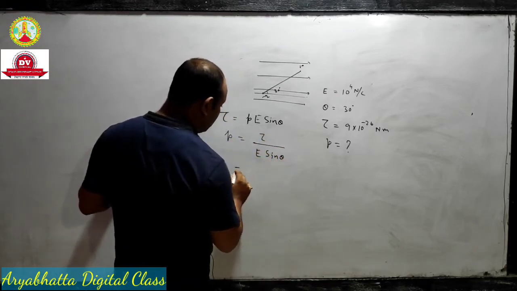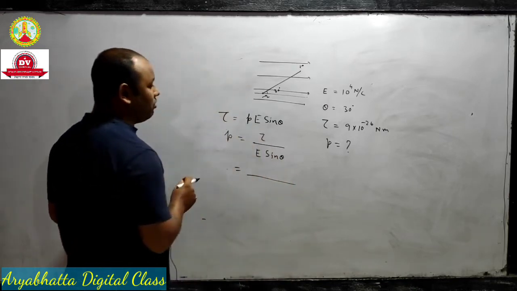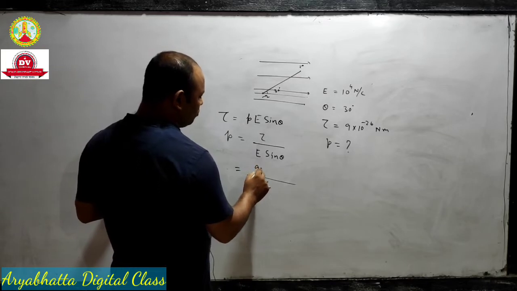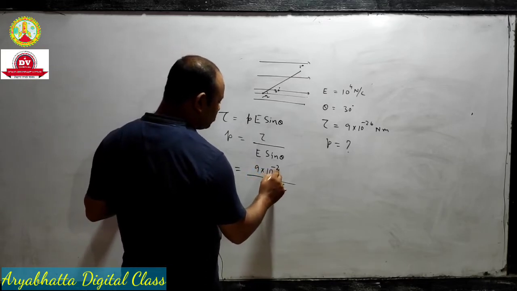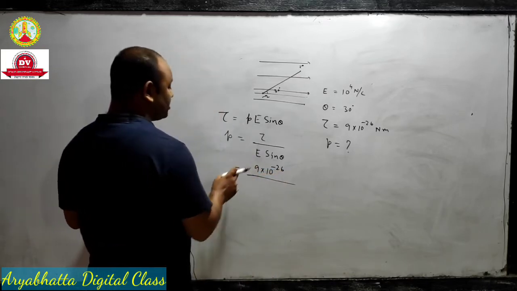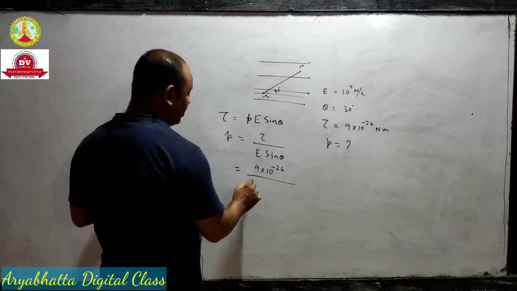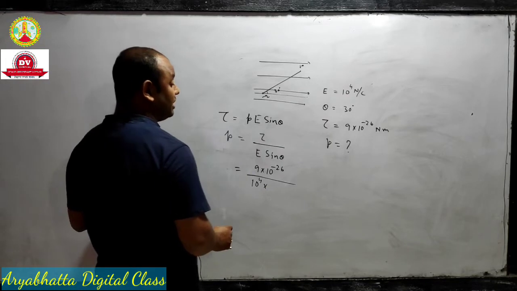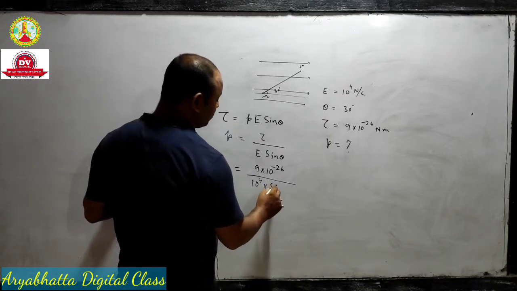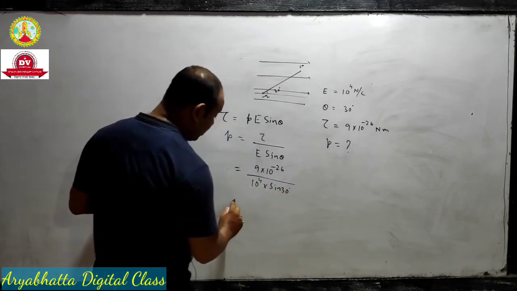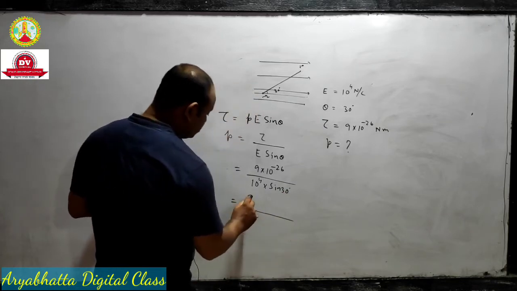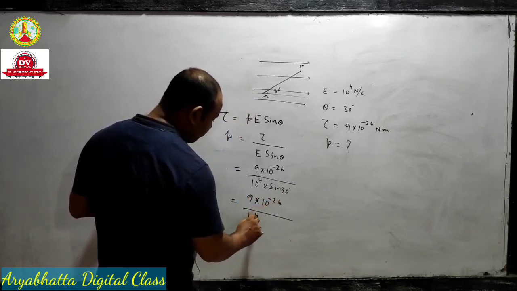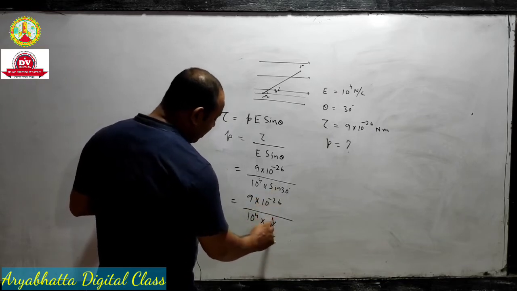The value of tau is 9 into 10 to the power minus 26, the value of the electric field is 10 to the power 4 Newton per Coulomb, and theta is 30 degrees. So 9 into 10 to the power minus 26 divided by 10 to the power 4, and sin 30 means half.